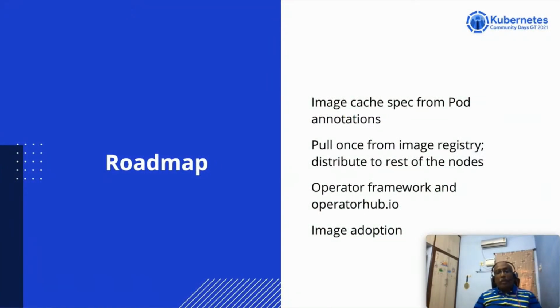Now that you have an understanding of image caching in Kubernetes and how you can use kube-fledged to cache images, what's in store for the project? How is the project going to evolve? These are some of the items that we have in the roadmap. We wanted to have the ability of building the image cache spec automatically from pod annotations.